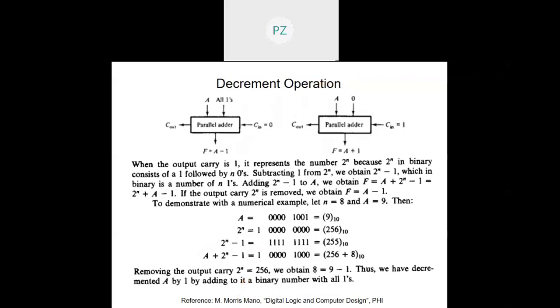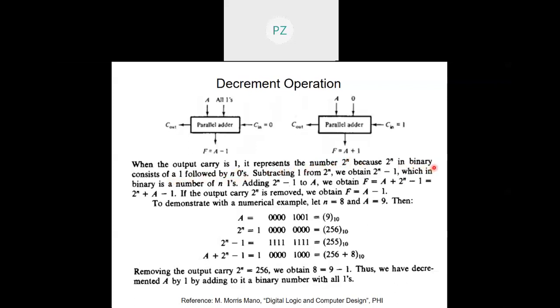Decrement operation. This was the arrangement, a, all ones, c in is 0. When the output carry is 1, it represents the number 2^n, because 2^n in binary consists of a 1 followed by n zeros. You agree with it? You know it from the very first unit.